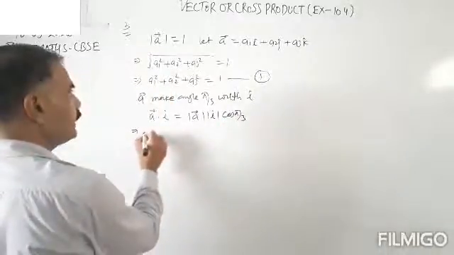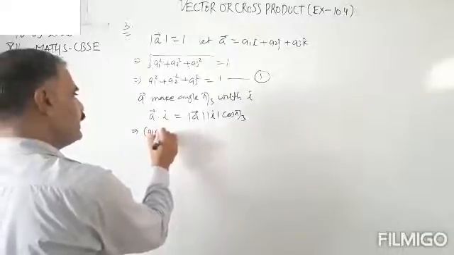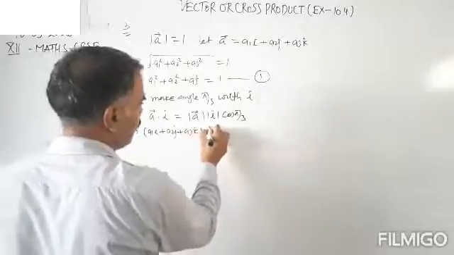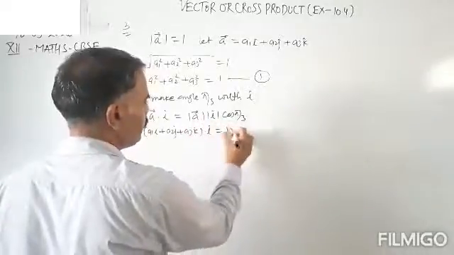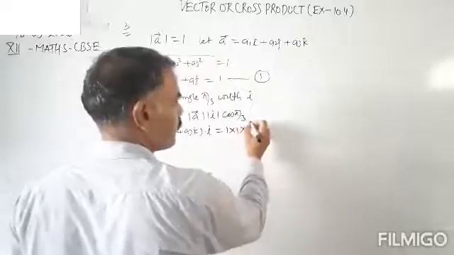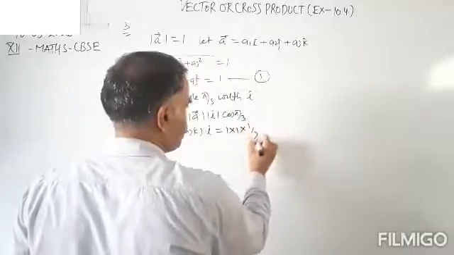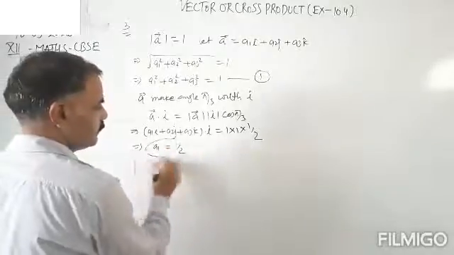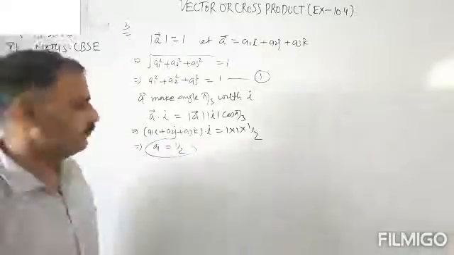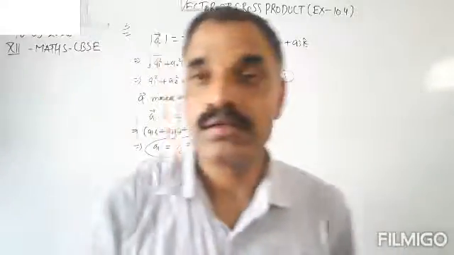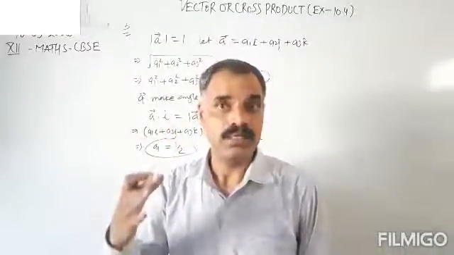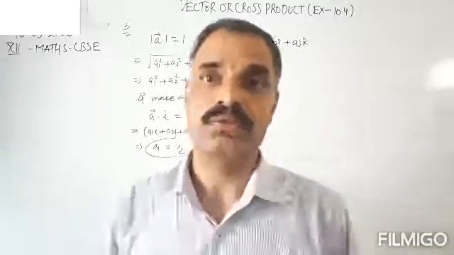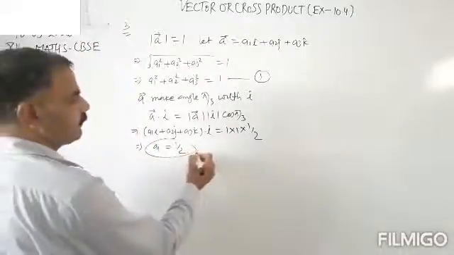That is, (a1 i cap plus a2 j cap plus a3 k cap) dot i cap equals magnitude of a, which is 1, times magnitude of i, which is also 1, times cos pi by 3, cos 60 degrees, which is 1 by 2. So a1 equals 1 by 2. When we multiply this we will get only a1, since the i component is not 0 and the others are 0. So a1 equals 1 by 2.